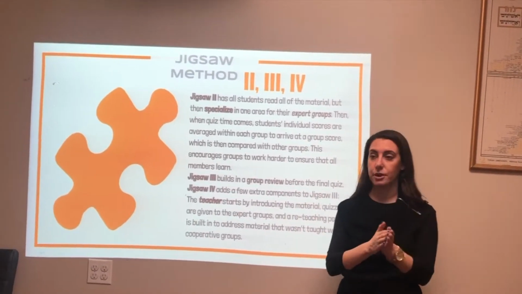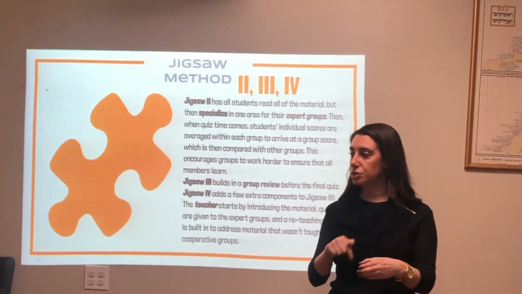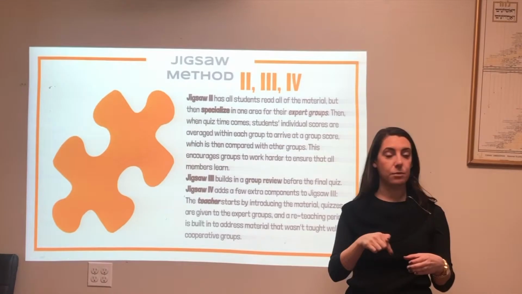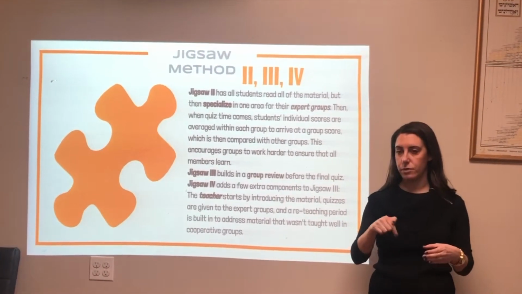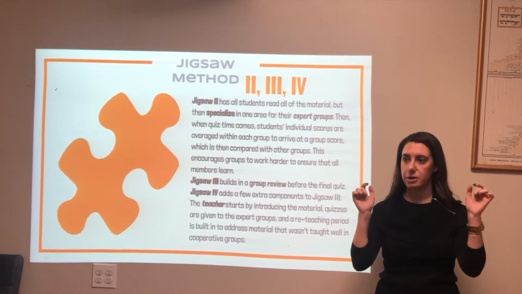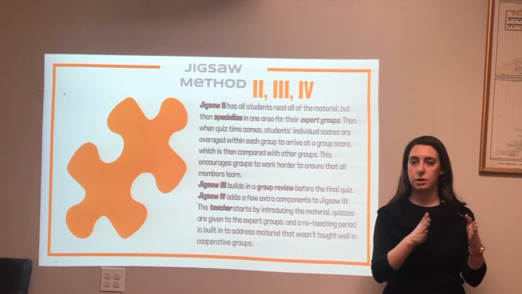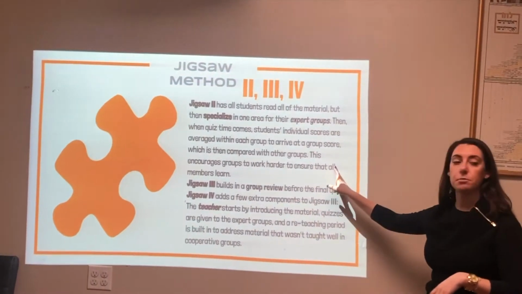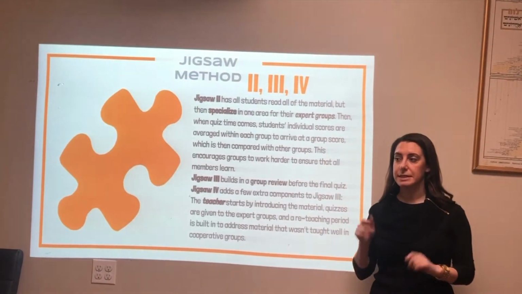So let's say they're experts in chapter 1. Maybe there are 5 characters in chapter 1, and each student can now be an expert on one of those characters, for example. And now you can also start thinking about variations of how you could apply it to your content that you teach. Okay? The second component of Jigsaw 2 is the assessment piece.